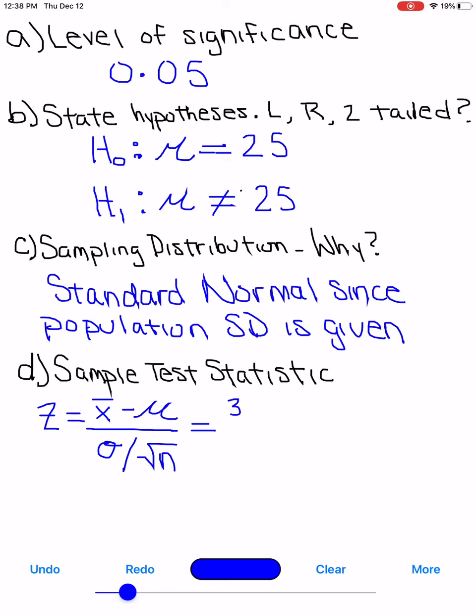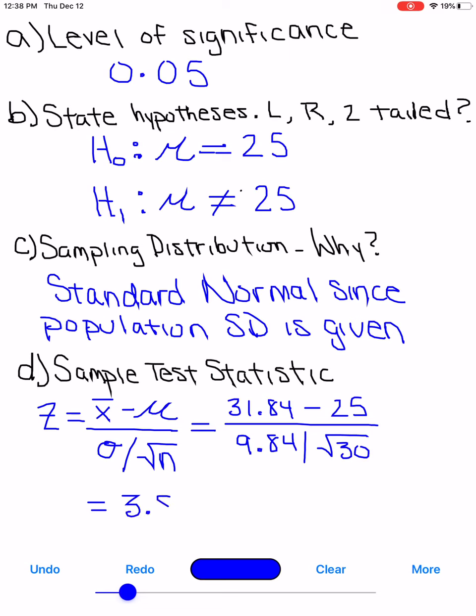So x bar is 31.84, your mu is 25, then you divide by your standard deviation, which is 9.84, divided by the square root of n, which is your sample size, which is 30. When you do all this math out, it becomes 3.81.